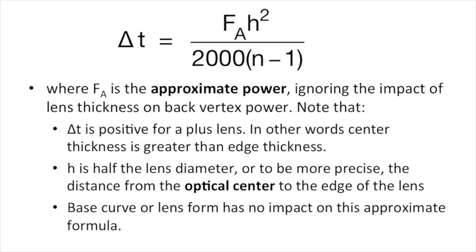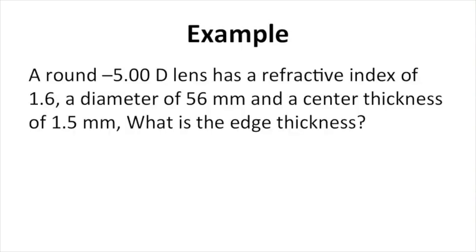So let's start with an example here. We've got a round -5 diopter lens. In other words, the optical center coincides with the geometric center of the lens. It's a -5 lens with a refractive index of 1.6, a diameter of 56 millimeters, and a center thickness of 1.5 millimeters.